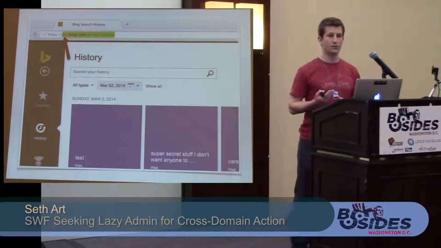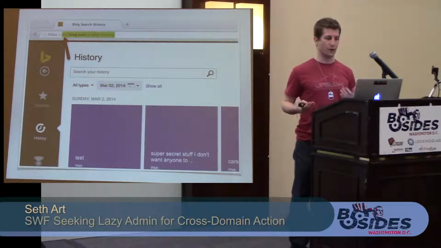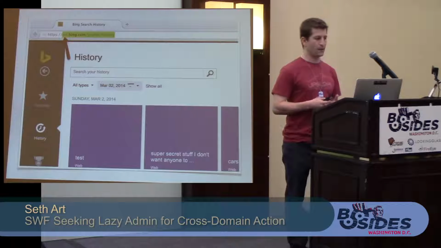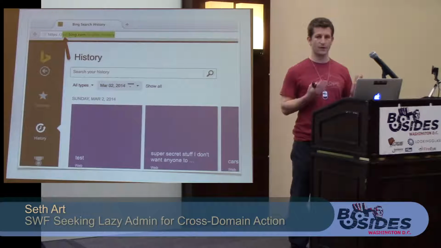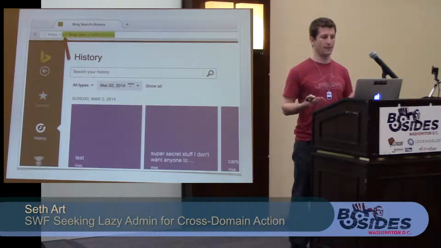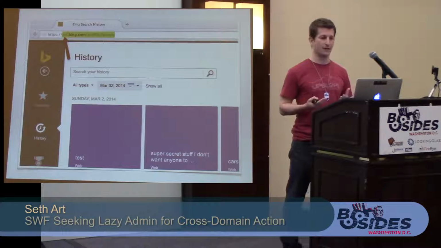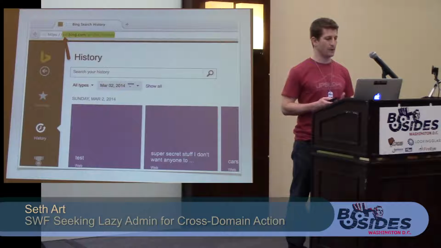Now, Bing allows you to query everything you've ever searched for using this URL, ssl.bing.com/profile/history. The thing is, there's no cross-domain XML file at SSL. So our SWF can make a request here, but nothing would happen. Flash Player would respect the same origin policy and tell you to go away.